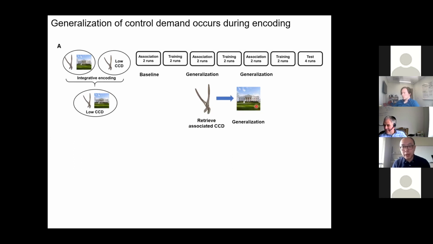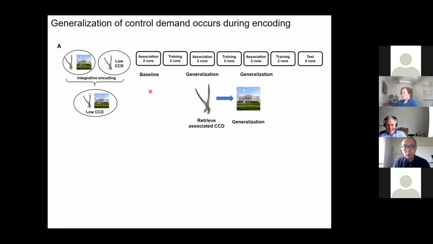So by the time the landmark image is presented, the brain has simultaneous representation for all three pieces: the control demand, the tool image, and the landmark image. So this allows the brain to integrate those three pieces of information and to generalize. So this is the second part of our contrast.